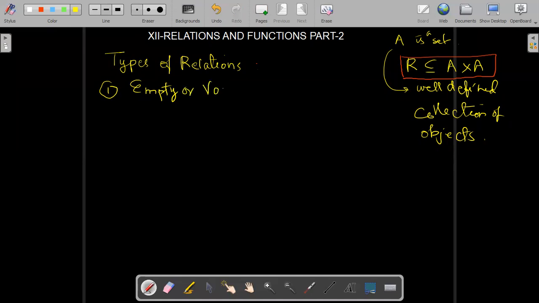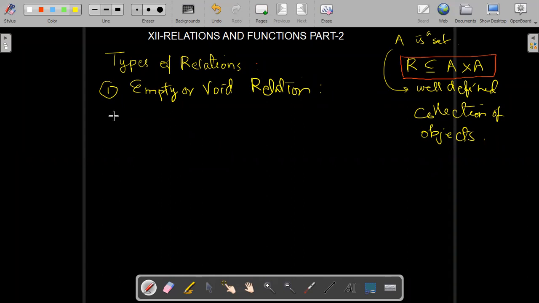Obviously the relation will have ordered pairs from the Cartesian product, but here there is nothing, zero. A relation is called empty if no element is related to any element of it.